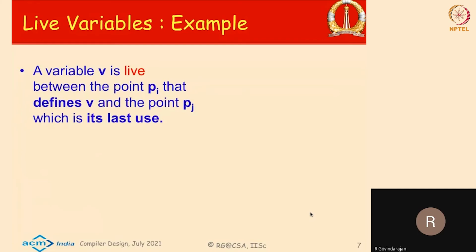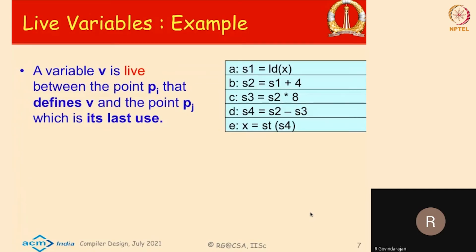Let's try to give some examples of liveness. Here is a simple sequence of instructions, and here I am using all these temporaries S1, S2, S3, and so on. You can see that S1 is getting defined in instruction A, being used in instruction B, and that's possibly the last use for that.